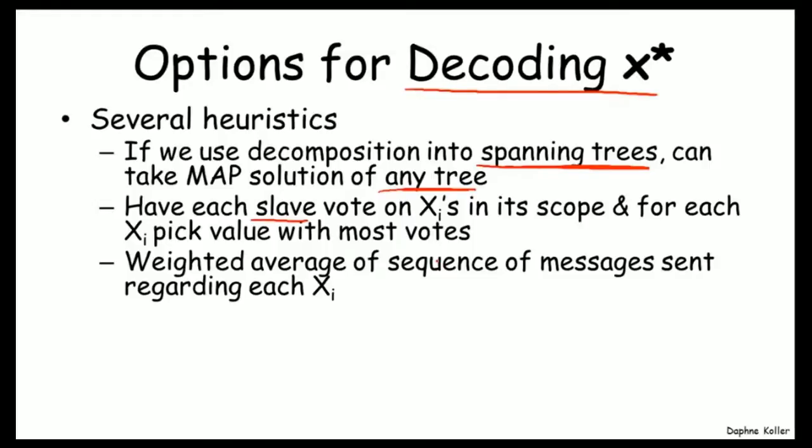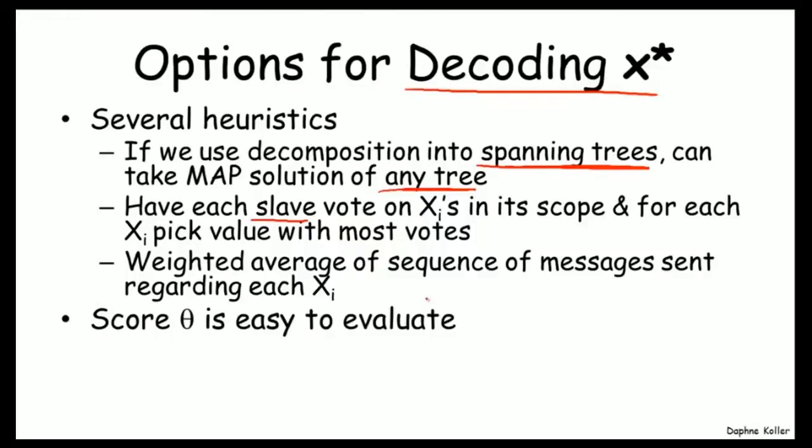So each of these works reasonably well, but it turns out that the right solution is to simply use multiple solutions and then pick the best one. And the critical observation here is that the scoring function theta for any assignment is something that we can easily evaluate.